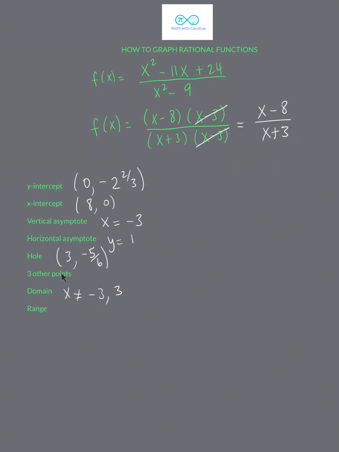You could find more if you need to, but when we're finding our other points, we're not going to plug in x equals 0 or x equals 8, because we already have those points. We do not want to plug in -3 because that is where our vertical asymptote is. We don't want to plug in 3 because that's where our hole is. This is very important when we're finding our 3 other points.